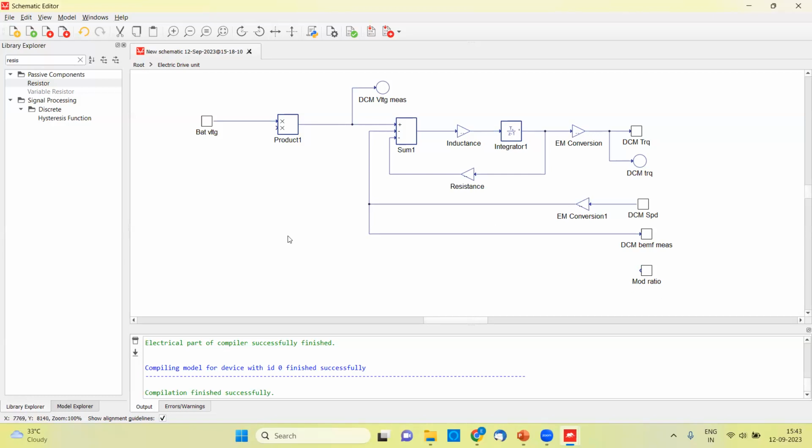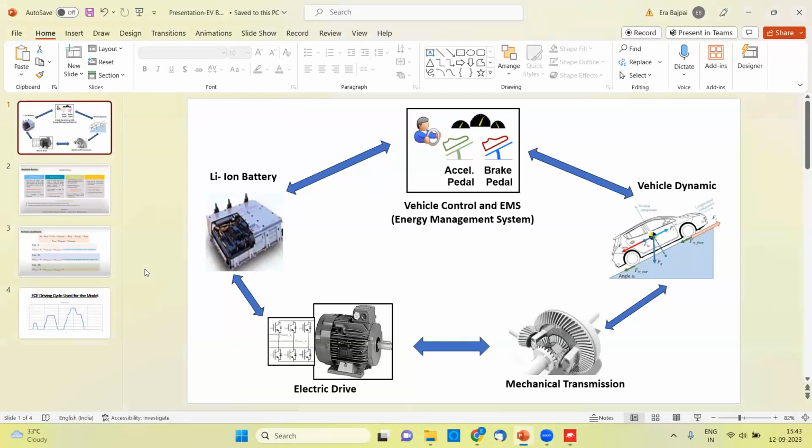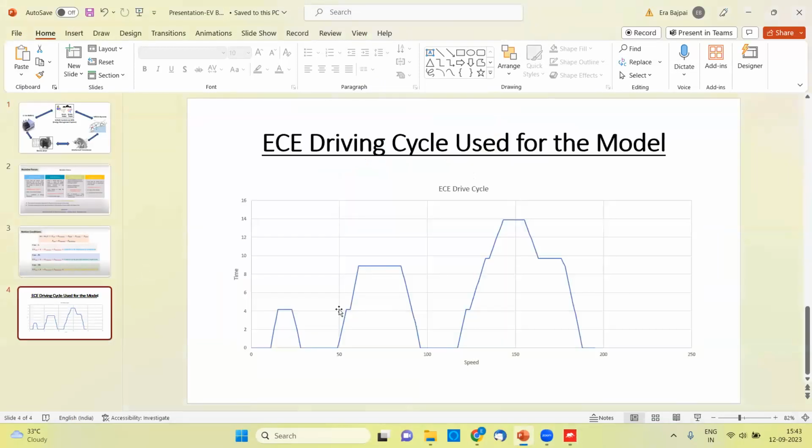So mod ratio is basically determining the change in the motor speed and motor torque, which is controlled according to our drive cycle. So the drive cycle graph, which I've shown over here, using this graph only, it is being taken as a reference. According to this graph, a mod ratio is getting generated, and that mod ratio is then determining when the speed has to increase, when it is going to remain constant, when the speed is zero, and when it is going to deaccelerate.